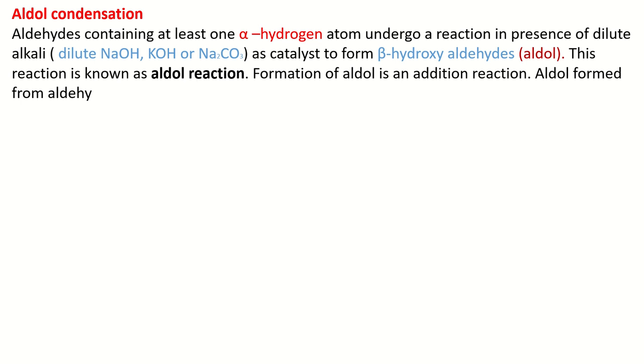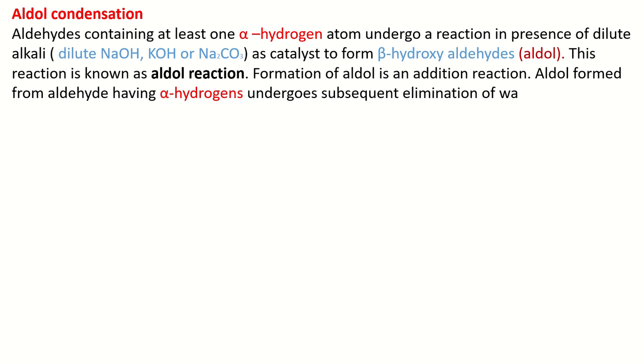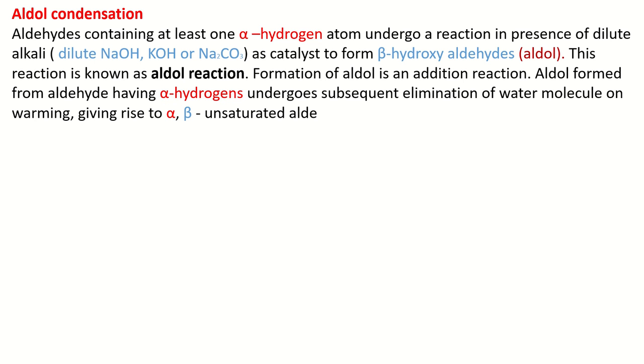Aldehydes containing at least one alpha hydrogen atom undergo the reaction in presence of dilute alkali like dilute NaOH, KOH or sodium carbonate as a catalyst. In the first stage, it gives the beta hydroxyaldehydes. Beta hydroxyaldehyde is nothing but the aldol.